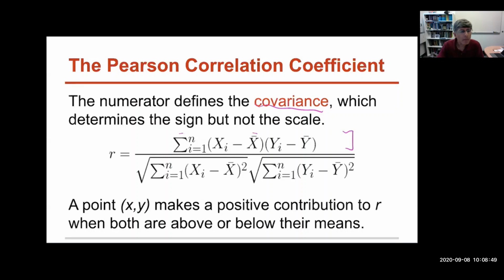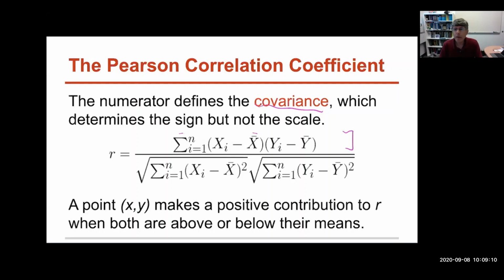So if the two variables are in sync, when one of them is big, the other one should be big, and when one of them is small, the other one should be small. This kind of measures the idea of a positive correlation.